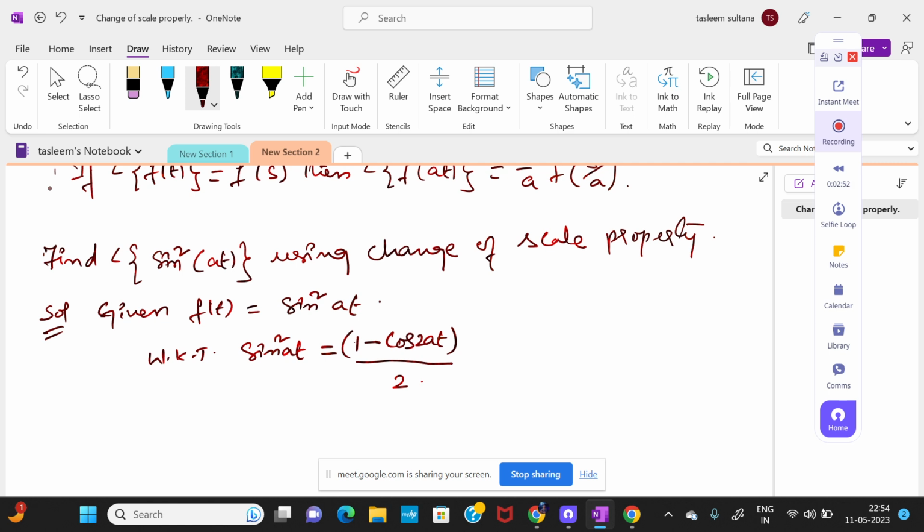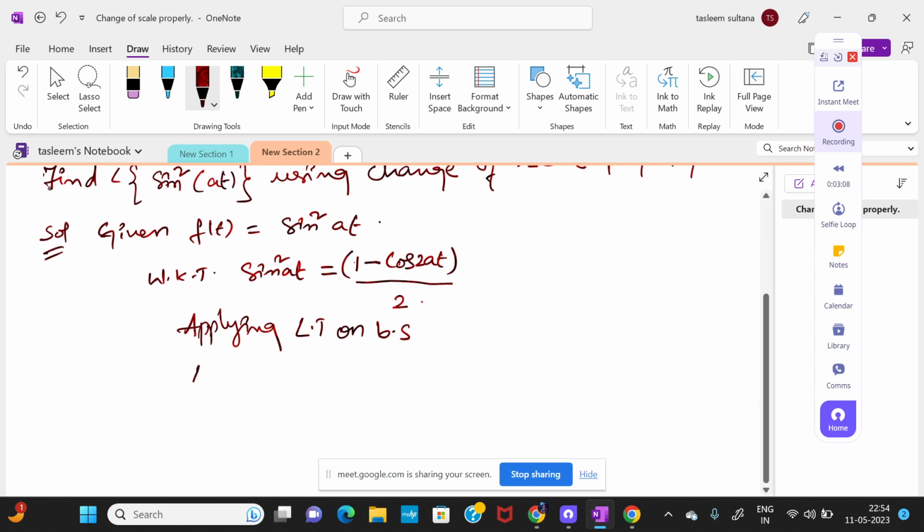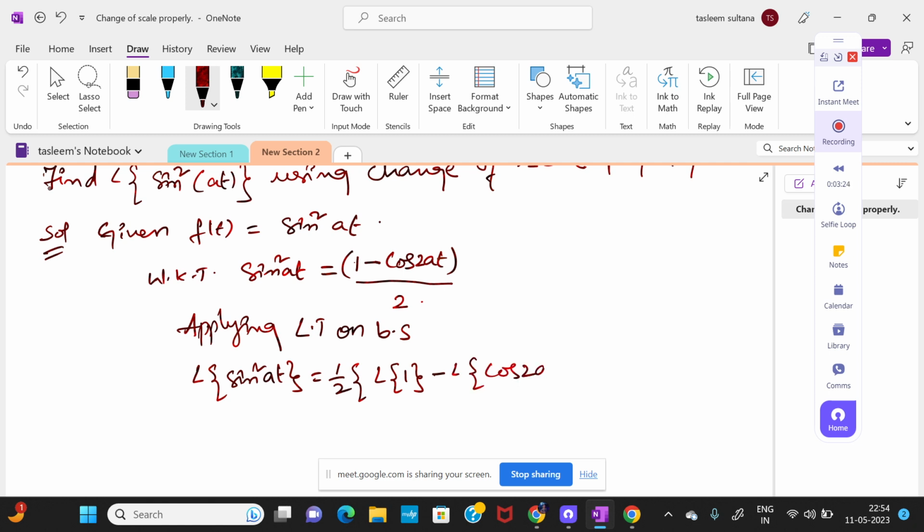Now when you take the Laplace transform on both sides, L of sine square at is equal to 1 by 2 of L of 1 minus L of cos 2at.